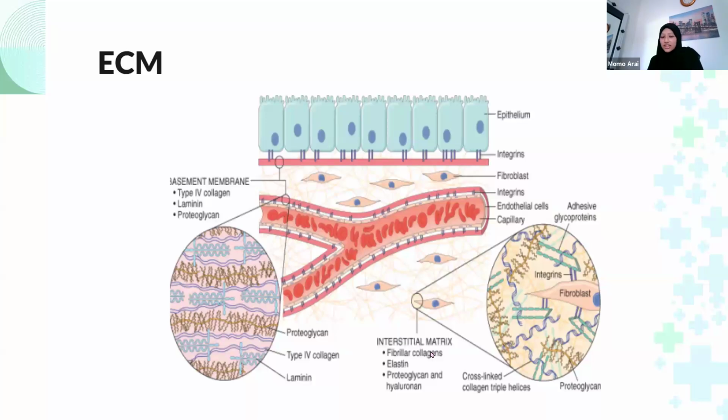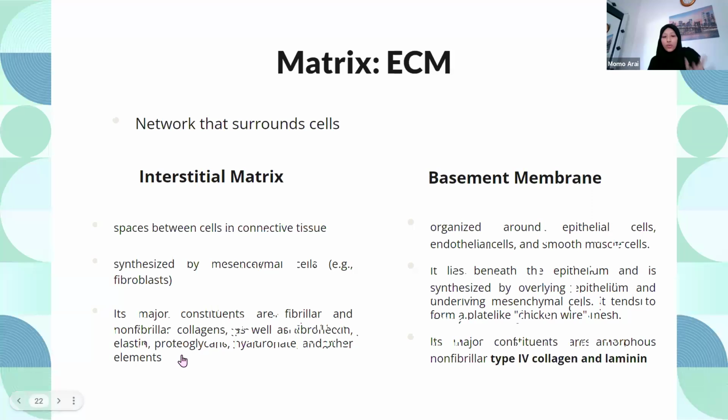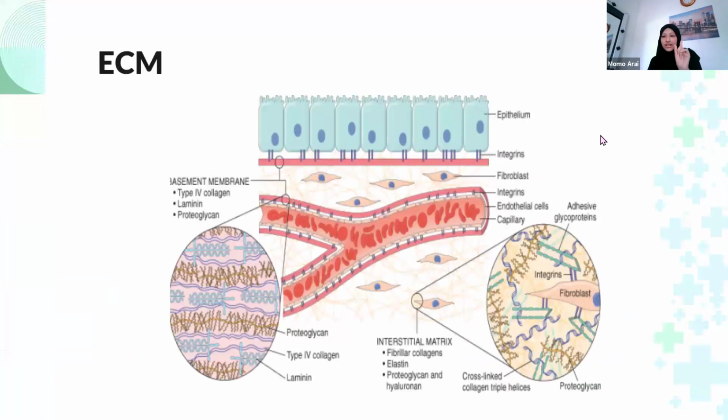Okay, it makes collagen, it can make elastin, and so on, and it can hold water. These are the major constituents, everything that was mentioned before, collagen and so on. Now, basement membrane, again, see, it's arranged around endothelial cells, right under the epithelial cells and even smooth muscle cells. And this basement membrane is made by, again, type 4 collagen.